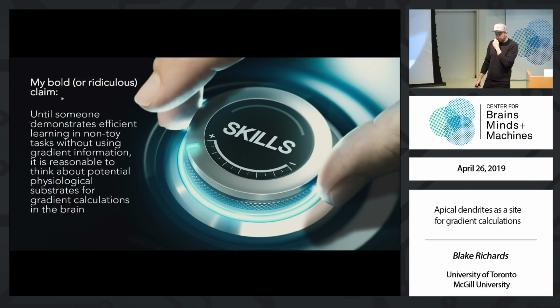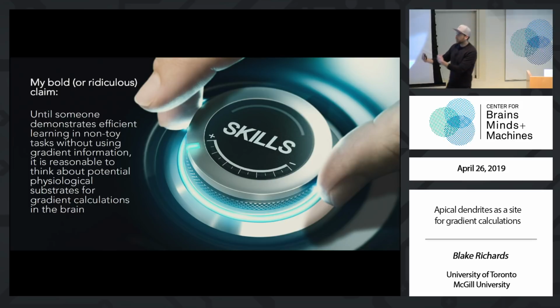So my bold or ridiculous claim, depending on your perspective, is the following. I would suggest that given the fact that humans and animals actually seem to be quite effective learners and able to learn fairly quickly, I think it is more parsimonious an explanation to assume at first that we might have some mechanism in our brains for calculating loss gradients and for using those loss gradients to update our synaptic weights.